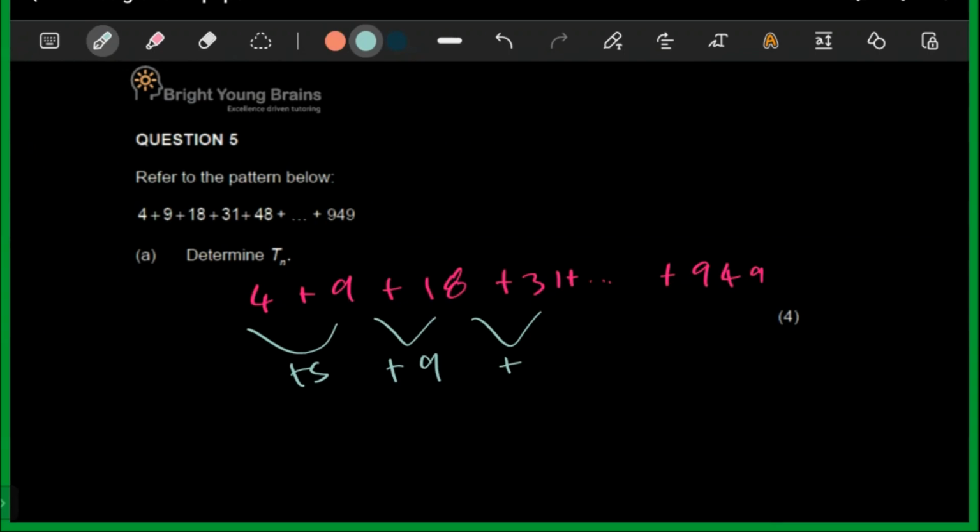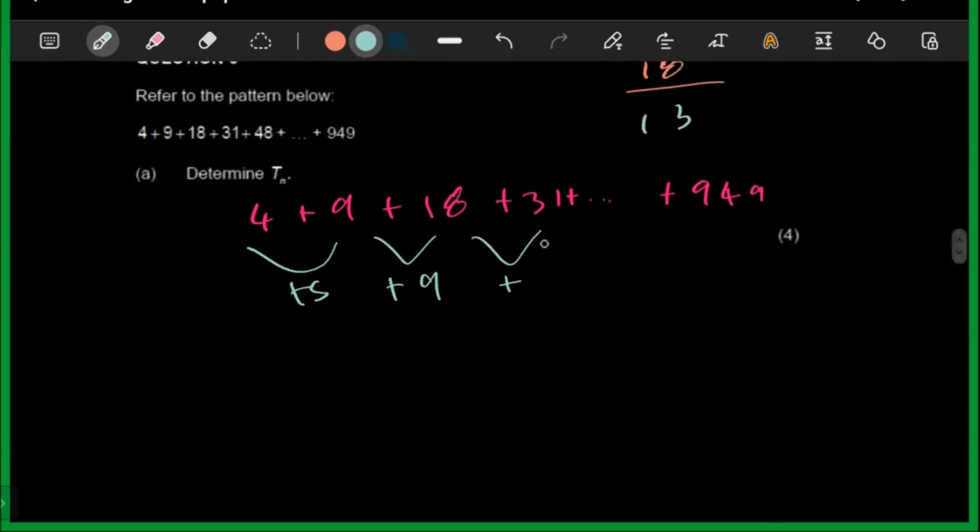I'm not using the calculator because it's 4. This is plus 13, of course, because there's 4 extra. This is a quadratic number pattern because there is a second common difference. You see, 4 and 4.